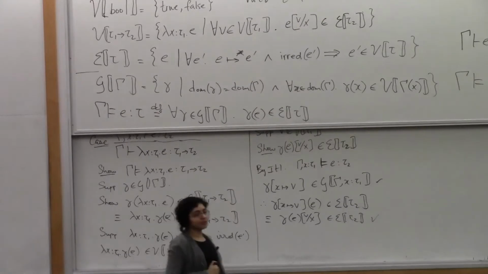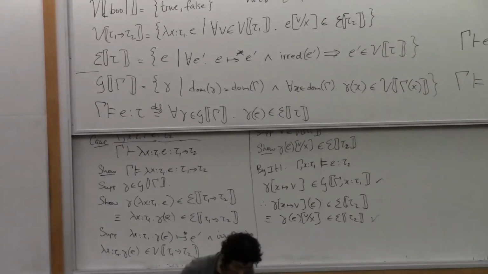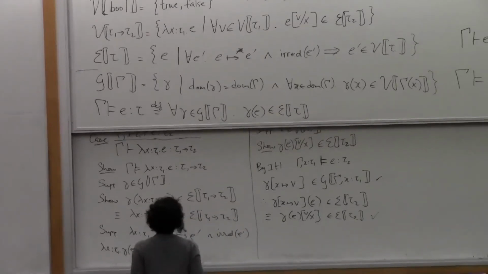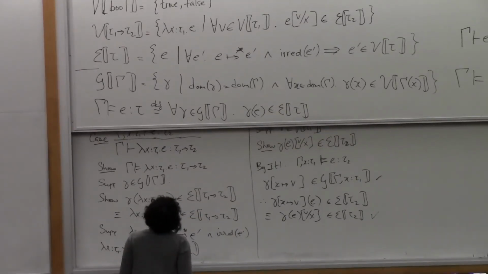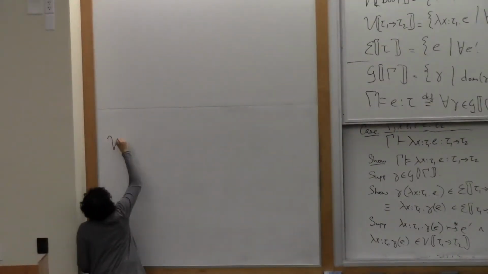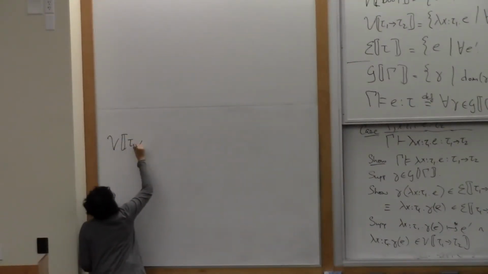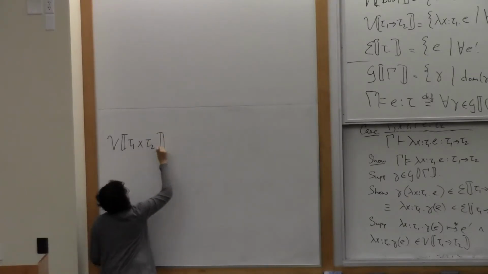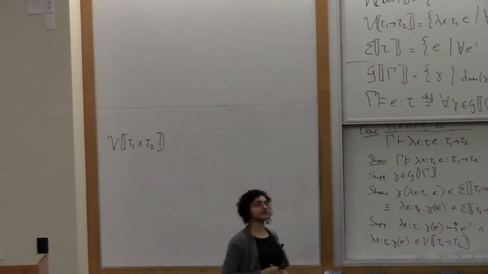So what I want to do next is talk about recursive types. Actually, before we do recursive types, let's extend this. Suppose that we added pairs to our simply typed lambda calculus.